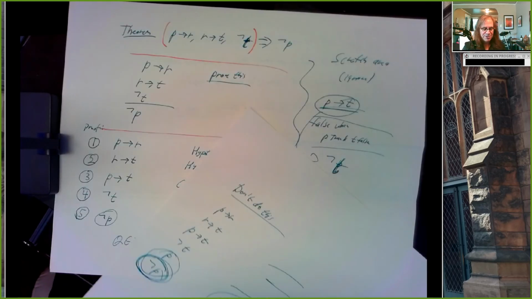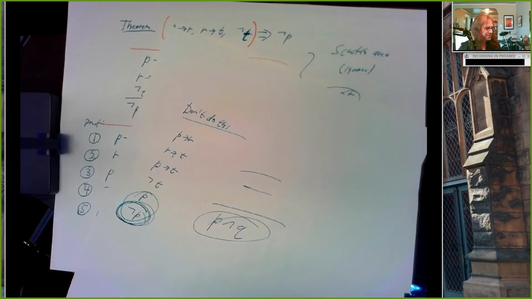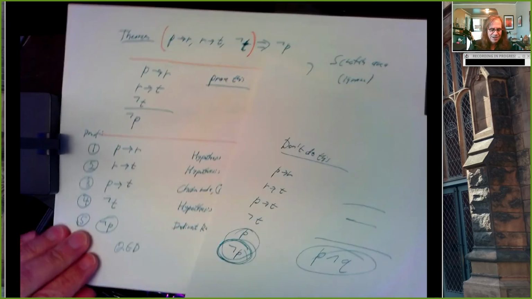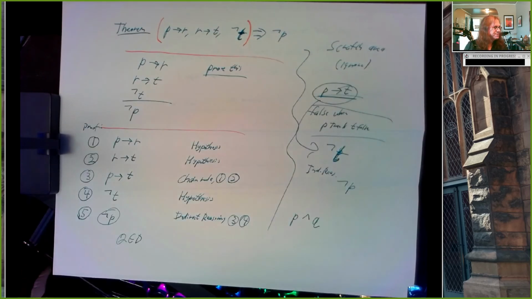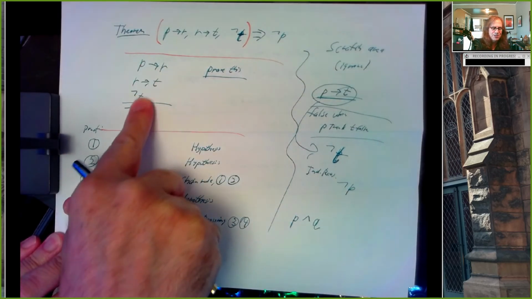Because even though we're using a single letter here, not P, or a single letter somewhere else, Q, right? That's just a proposition. It could contain disjunctions, conjunctions, conditional statements, biconditional statements, existential quantifiers, any of that stuff, right? And that's sort of the beauty of propositional logic, is that if we can prove that these things imply that, it doesn't matter what these propositions are.